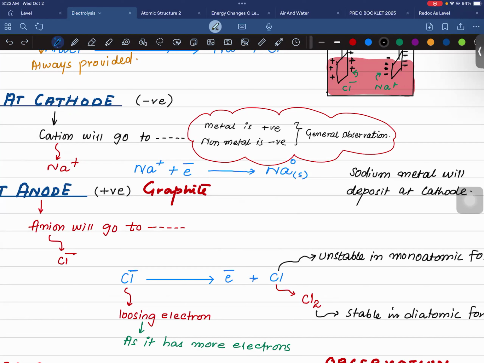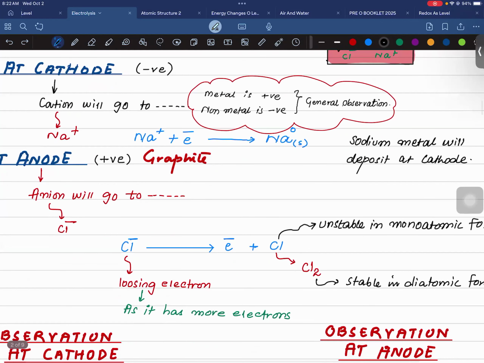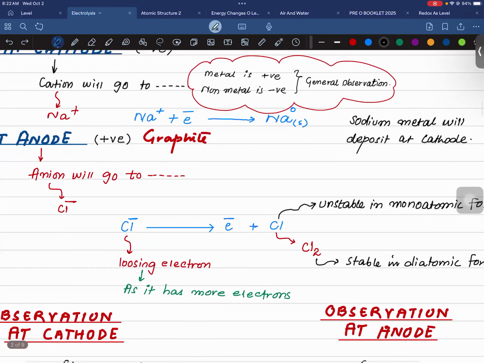It would lose its extra electron to the anode and become neutral.